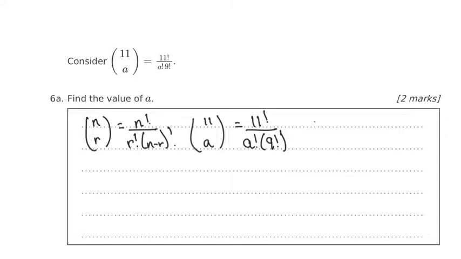That means that 11 minus r is equal to 9. So r must be equal to 2. Therefore, a is equal to 2.